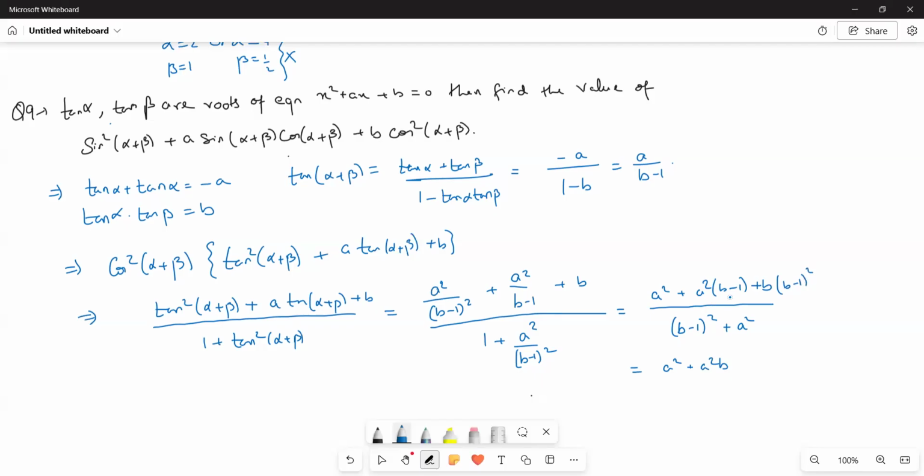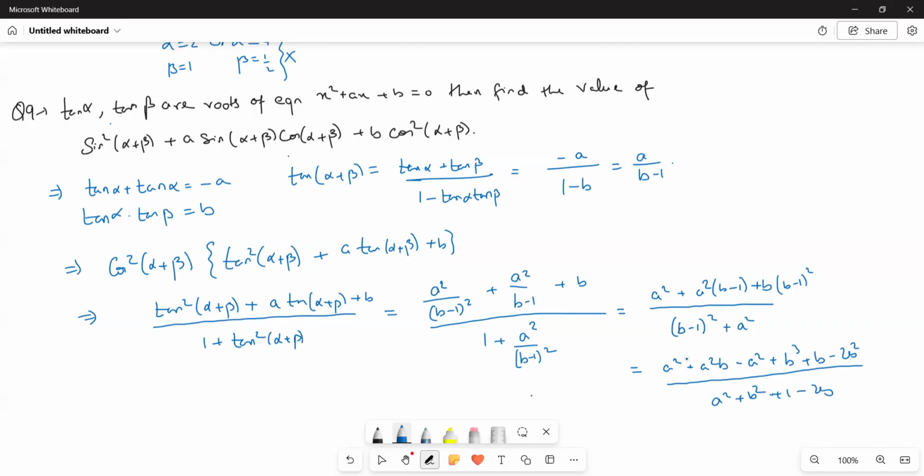We will have a square plus a square b minus a square plus again b into b square, then b cube comes, plus b minus 2b square, divided by a square plus b square plus 1 minus 2b.